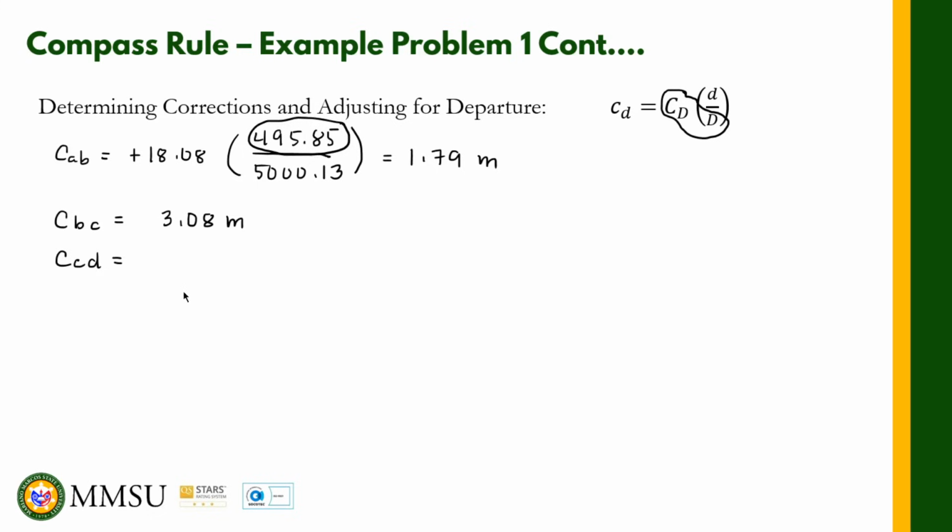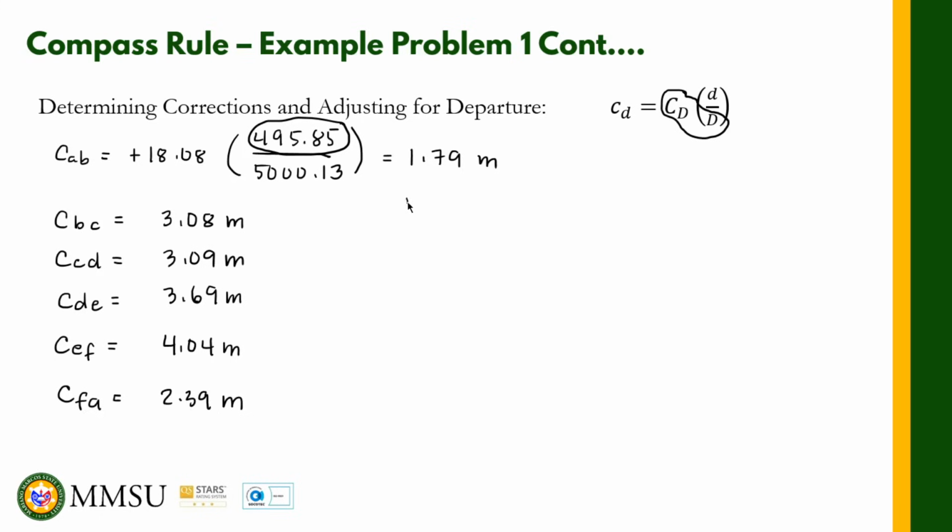So the correction for CD is 3.09 meters. For DE, we have 3.69 meters. For EF, we have 4.04 meters. And for FA, we have 2.39 meters.